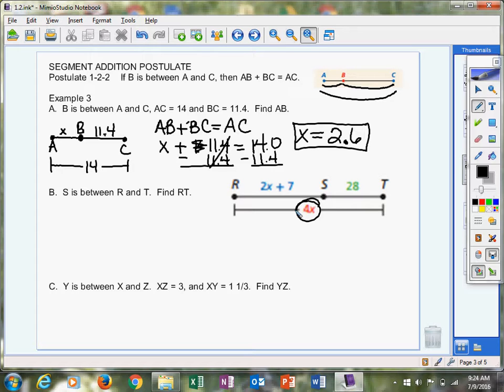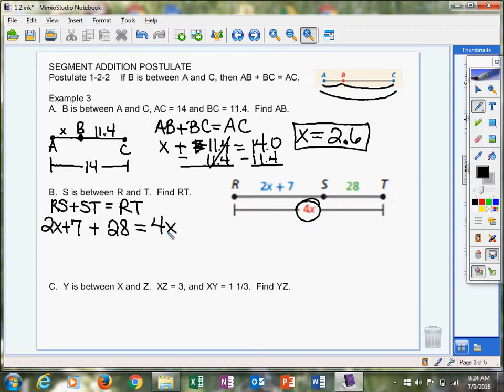So if we do our segment addition postulate, RS plus ST equals RT. That's what the segment addition postulate states. We know that RS is 2x plus 7. We know that ST is 28. And we know that that equals RT, which is 4x.